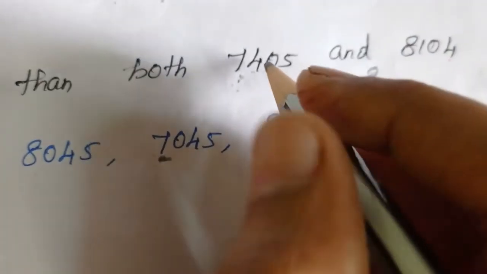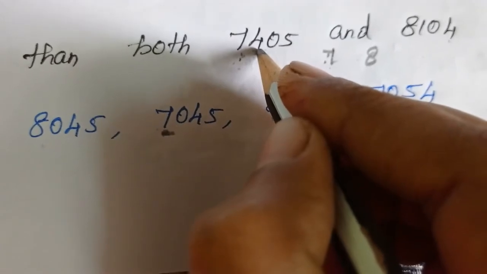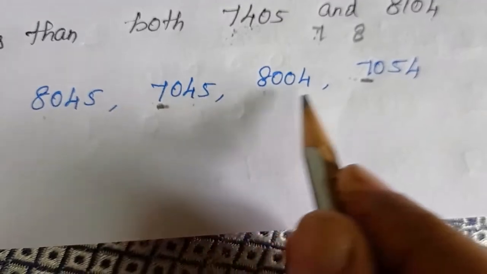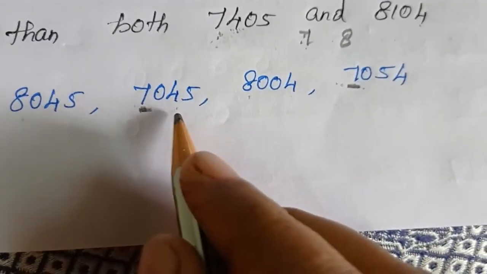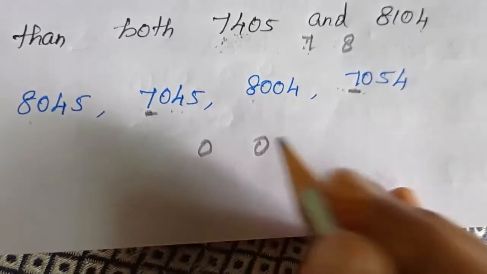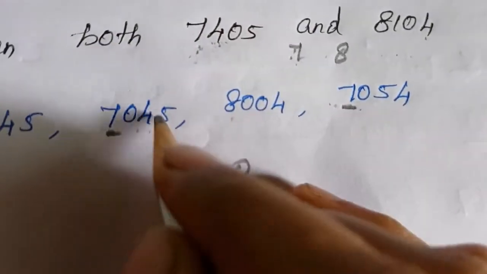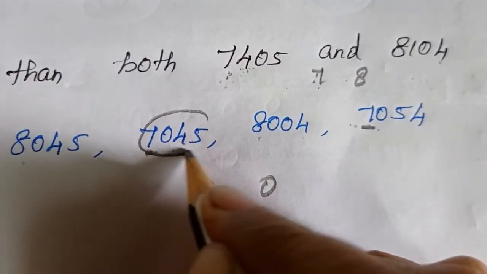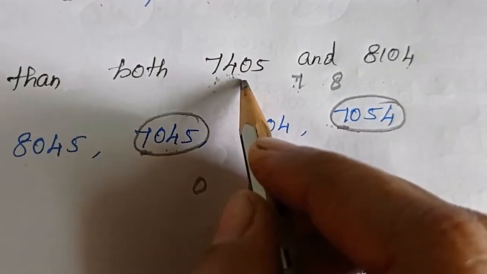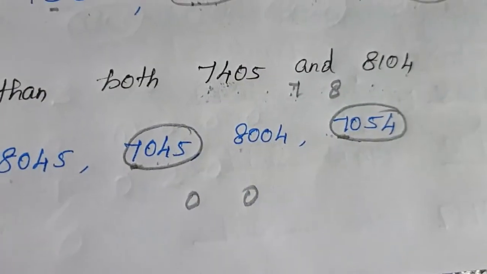So children, in the question, the 100 place value for the smallest number is 4, but here the 100 place value for the second number is 0 and the fourth number is also 0. Okay ma? So we conclude that 7045 and 7054 are less than 7405 and 8104. Okay ma?